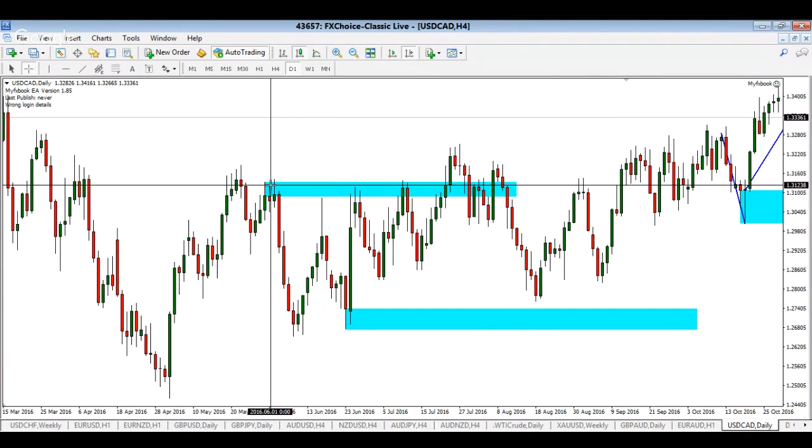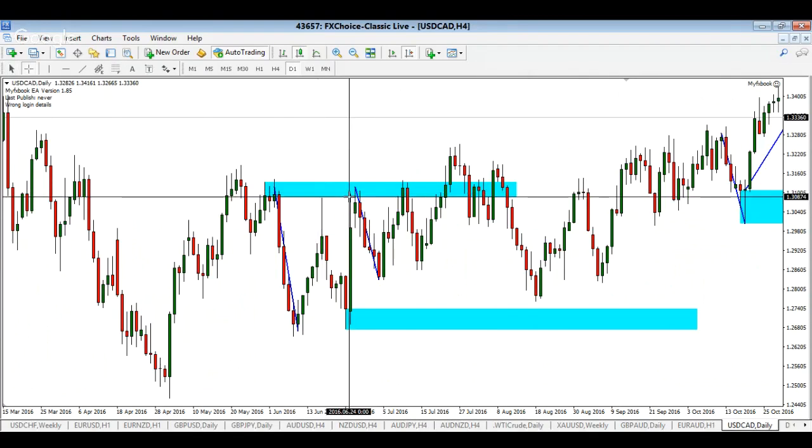Now, since this is where the first zone was created, it came all the way down about 400 pips. Now, mind you, this is on the daily time frame. Came all the way down about 400 pips. When price came back up, it shot down again. It didn't come down as low as this one, but it came down a good 262 pips.